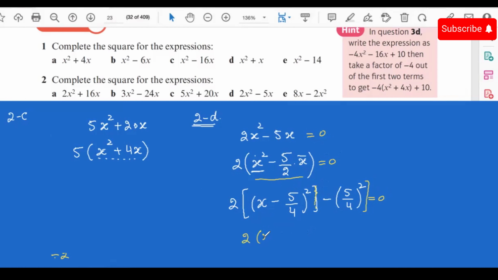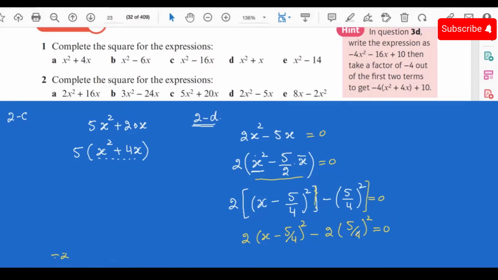2 times (x minus 5 over 4) squared minus 2 times (5 over 4) squared is equal to 0.